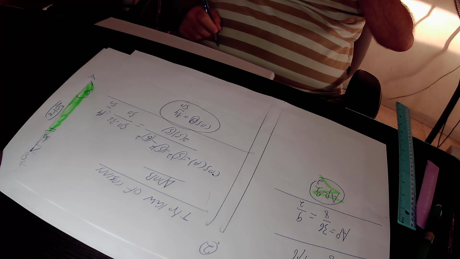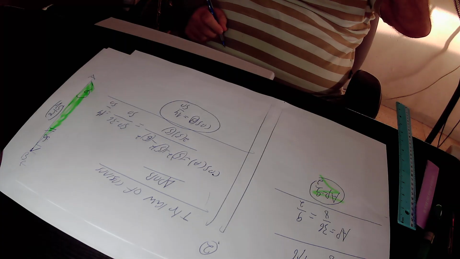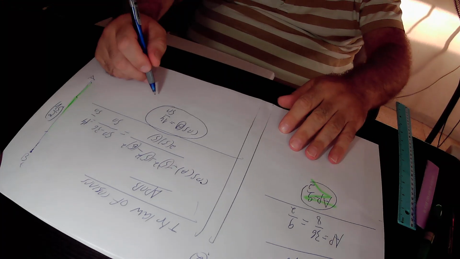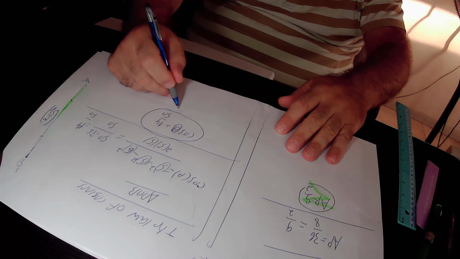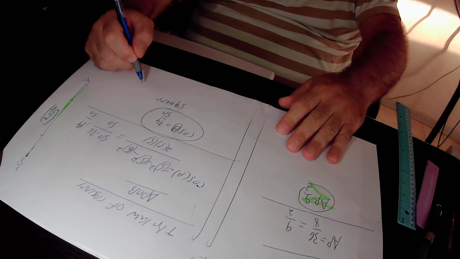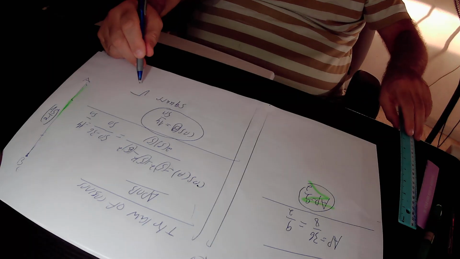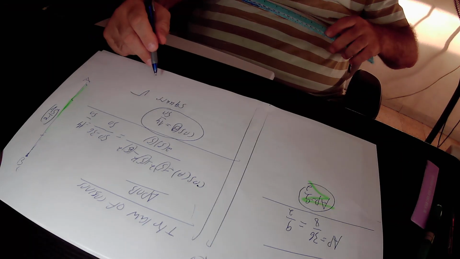I'll give you an example. We have the square, and the inverse function of a square is a root. Again, the root is the inverse function of the square.